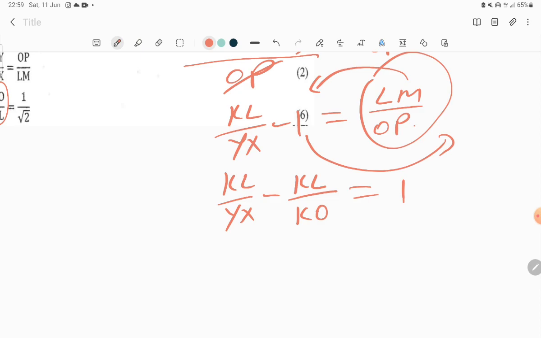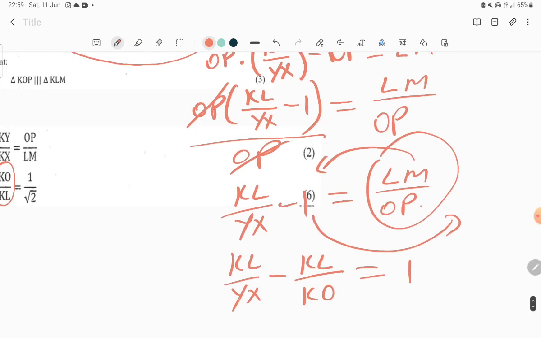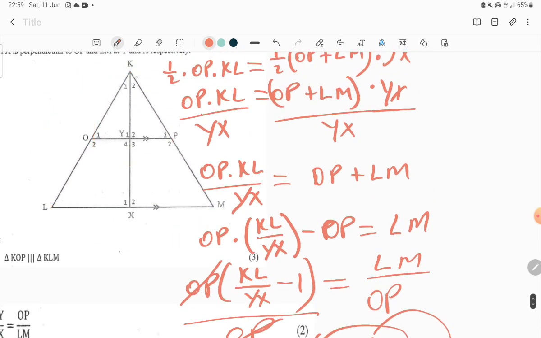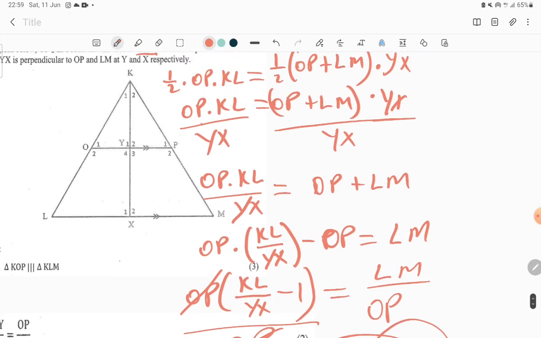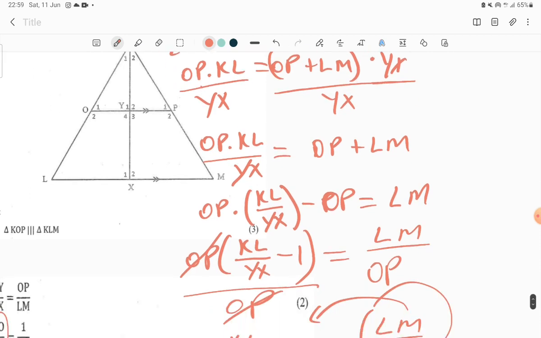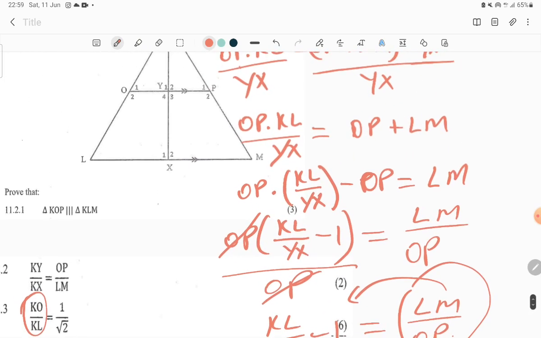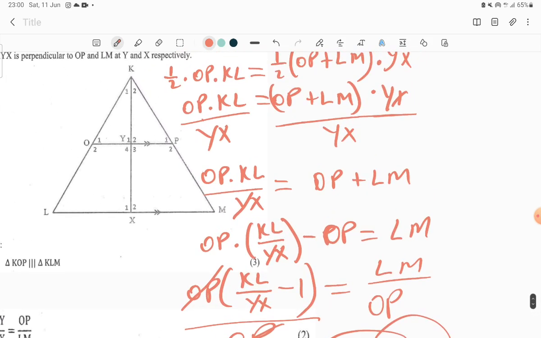Okay, now what are we having? KL over YX, KL over YX. Okay, what do I have?